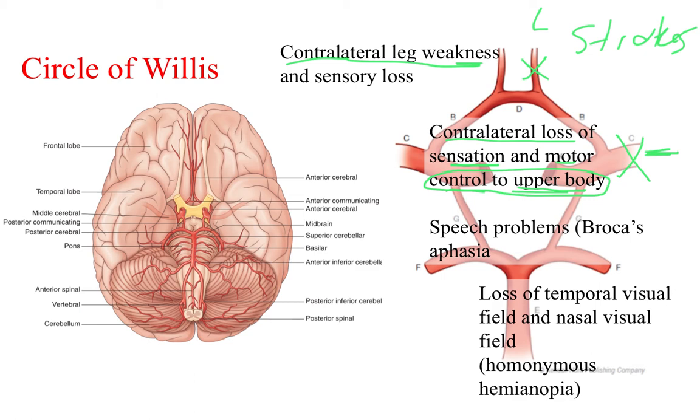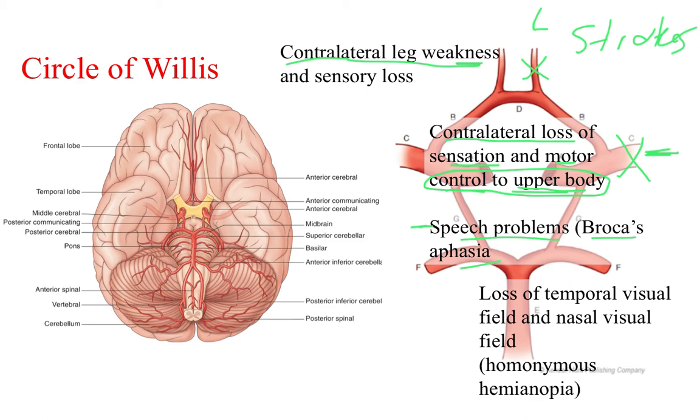So the other problem that you'll see with stroke in the middle cerebral artery, specifically the left middle cerebral artery, are speech problems, also known as Broca's aphasia, because the middle cerebral artery also supplies blood to Broca's area in the brain, and we'll see where Broca's area is when we start talking about the brain.